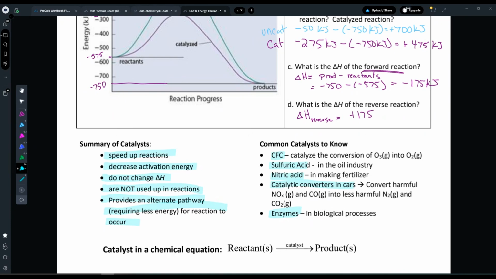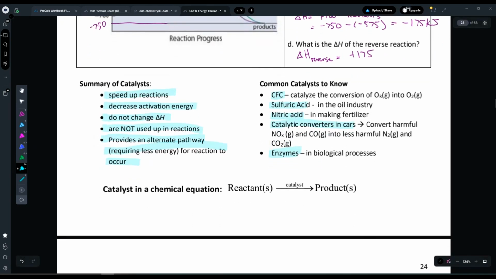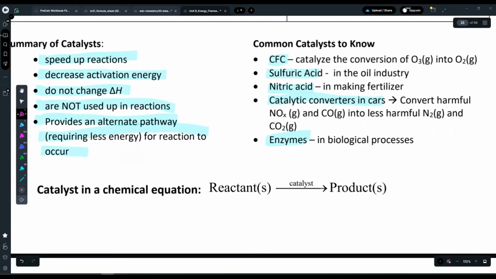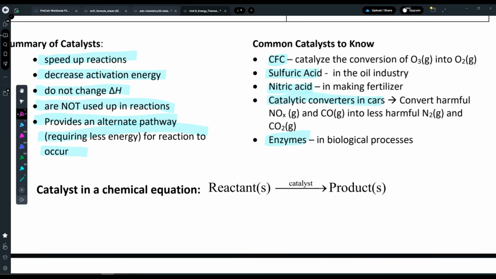They speed up reactions, decrease activation energy, but do not change your change in enthalpy, and they are not consumed in reactions. All they do is provide a different pathway for the reaction to occur, and that's how they reduce activation energy. And like I said before, if you are trying to communicate that there is a catalyst in your reaction, you just put it up above the reaction arrow.